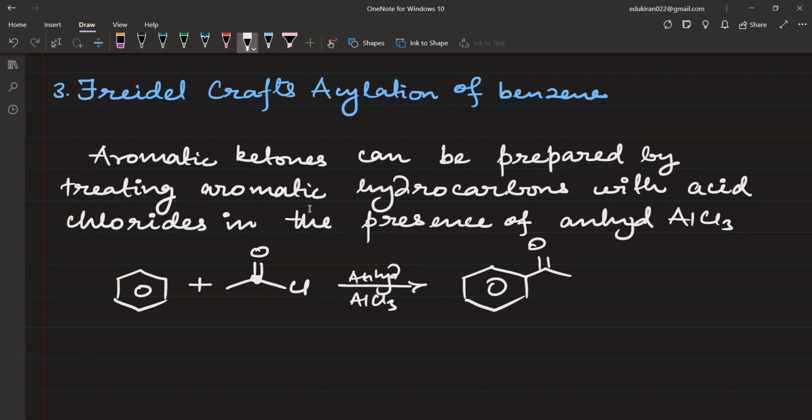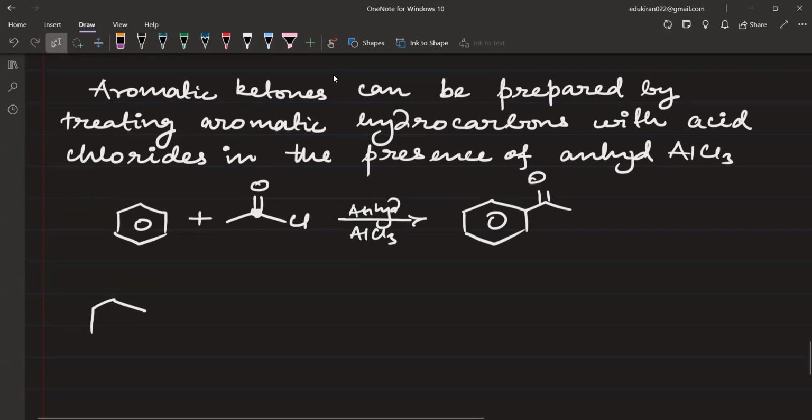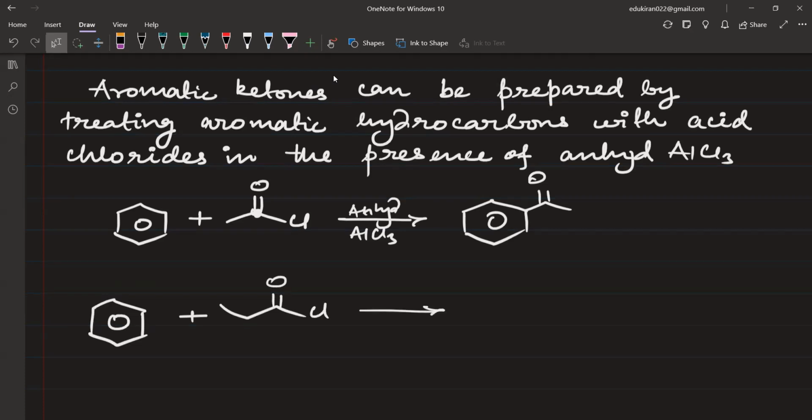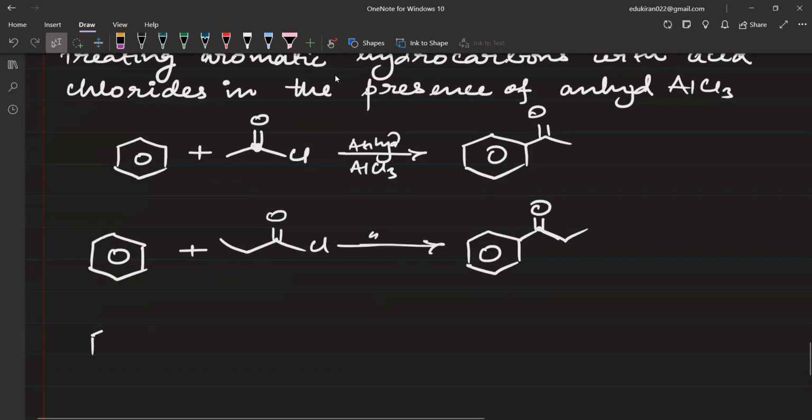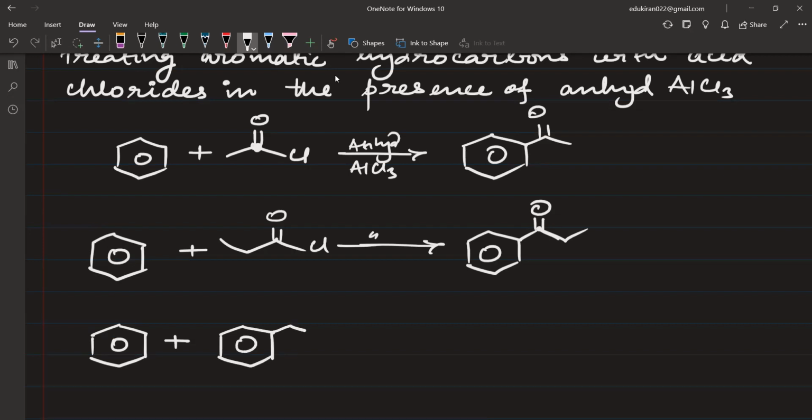If you have more, with the same anhydrous AlCl3, you get 1, 2, 3 carbon atoms, double bond O. If you have a benzene ring plus you have another benzene ring with C double bond O Cl, then also what is going to happen?